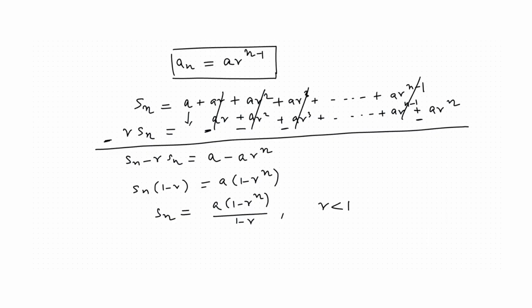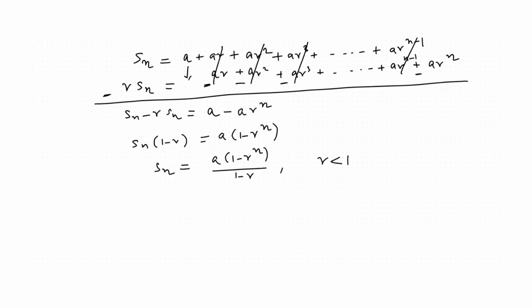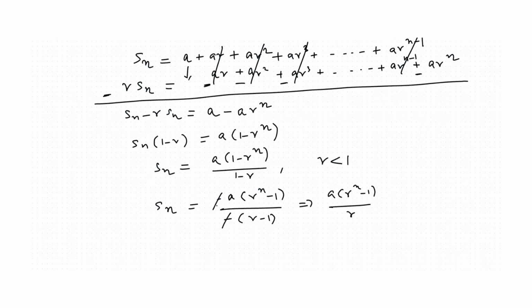Now if you do one more thing, Sn can also be represented as, if you take minus common, it would be Rn minus 1 upon, again take minus common. So you can cancel this, and then you would get A Rn minus 1 upon R minus 1, and here R has to be greater than 1.